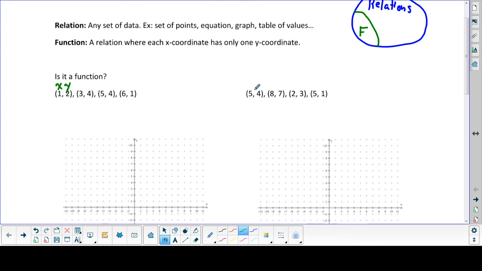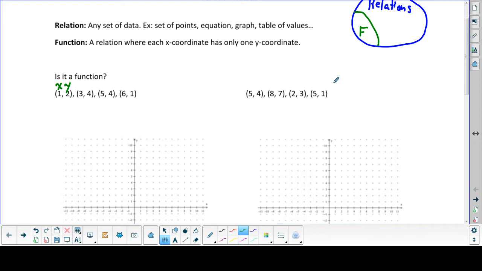Let's contrast that with this second set over here. Here we have 4 points again: 5, 4; 8, 7; 2, 3; and 5, 1. If x is 5, what's y? Well, if x is 5, then y is 4, but it's also 1. So this x value of 5 has 2 y values.